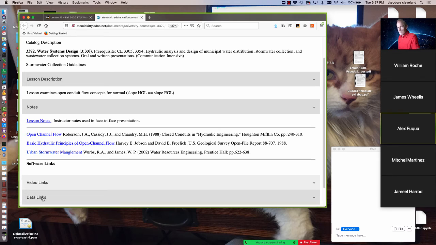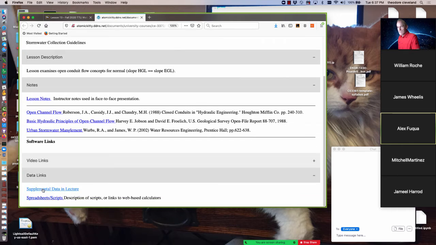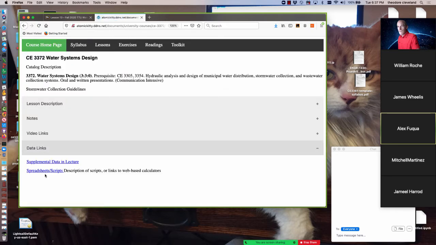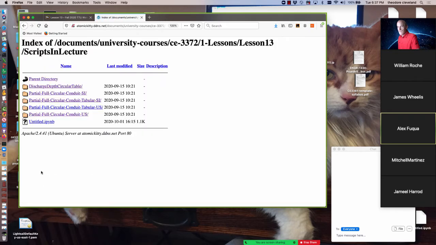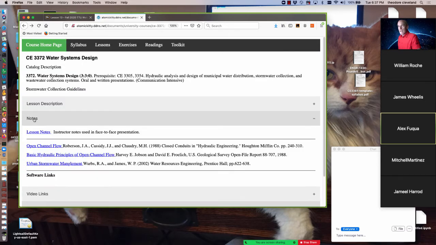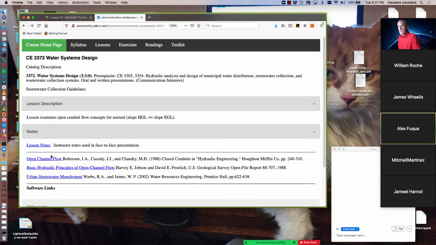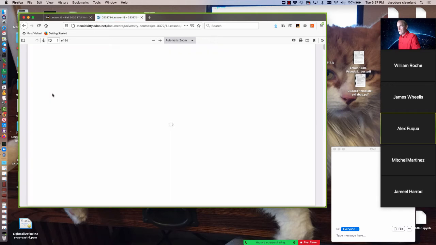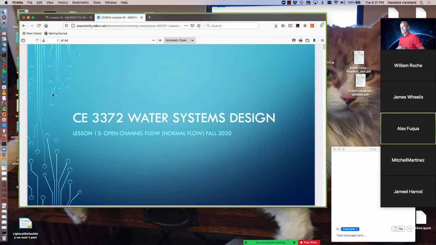In this particular lesson, we have links to a couple of worksheets, and we'll visit those when we get to it, and then some spreadsheet calculators that will make the calculations that we're about to describe in the presentation. And let us begin. So choosing notes, I will choose the portable document format, and we shall begin.